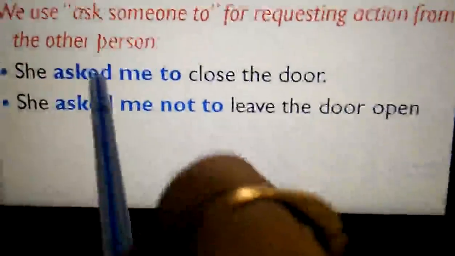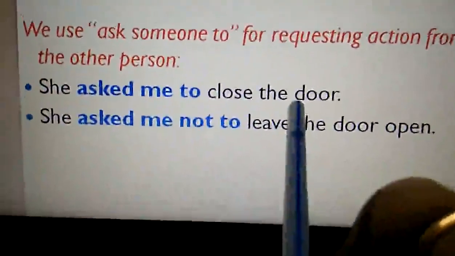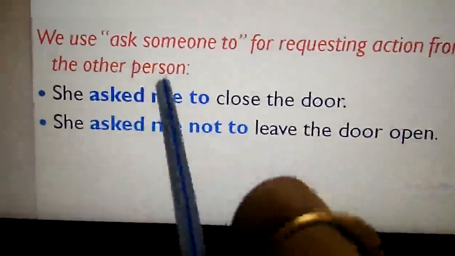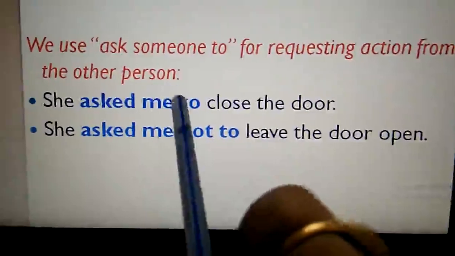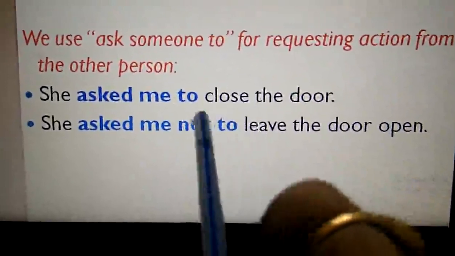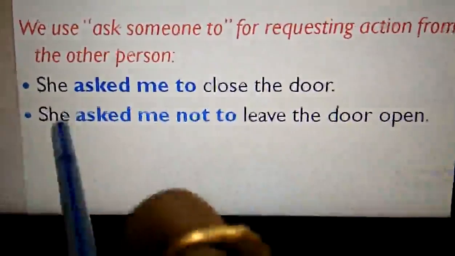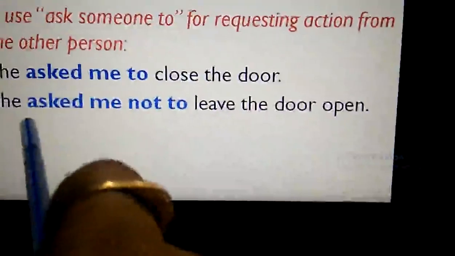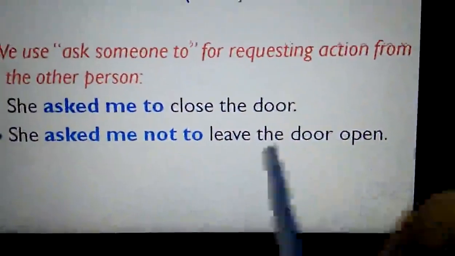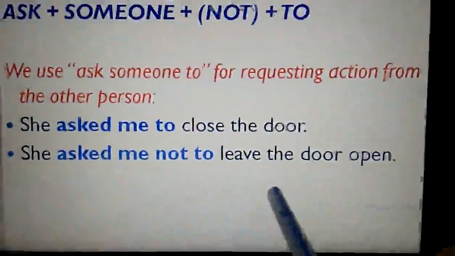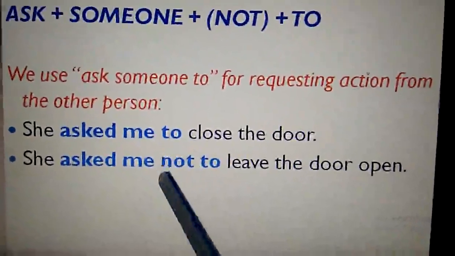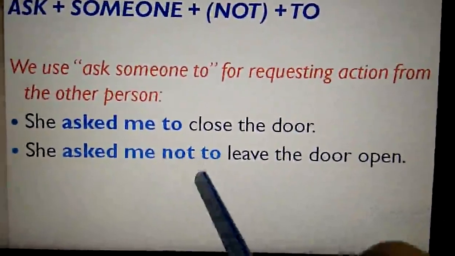So, she asked me to close the door. Here we have used the reporting verb, and immediately after that a person, and then an infinitive form, that is, to close. Now see the second example: She asked me not to leave the door open. This is a negative sentence, so here we have added not to make that sentence negative.